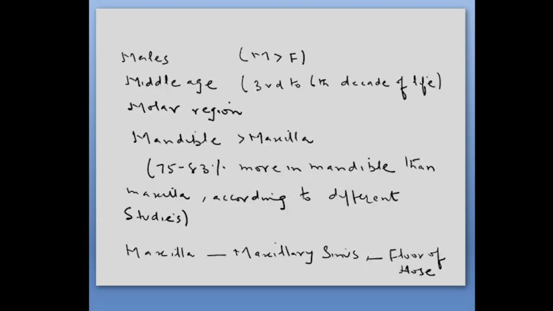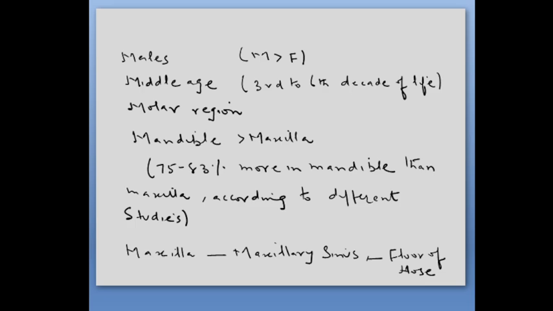Ameloblastomas are seen more in males than in females. It is seen in the third, fourth, or fifth decades of life. It commonly occurs in middle age. It involves the molar region more than the incisor or canine region.